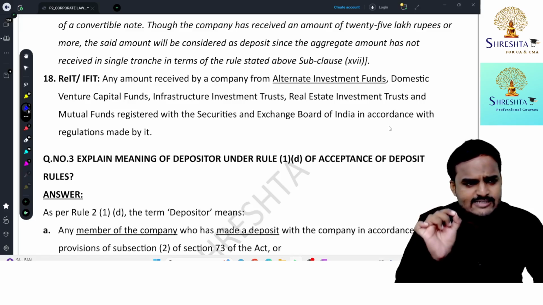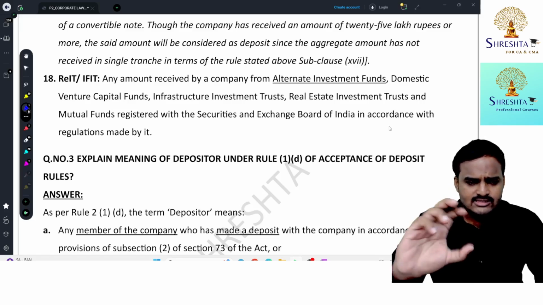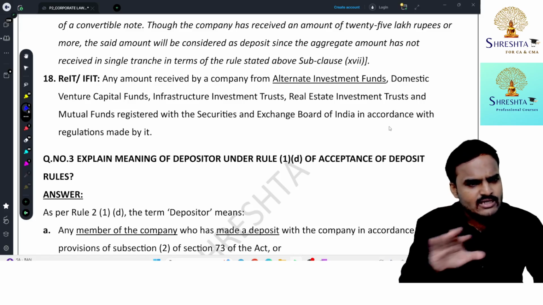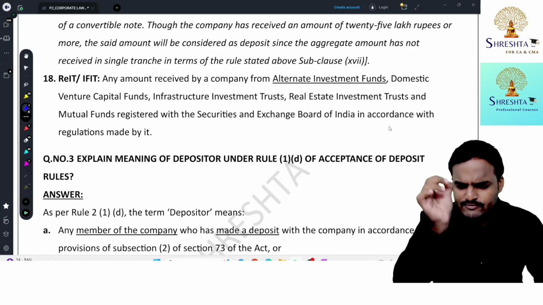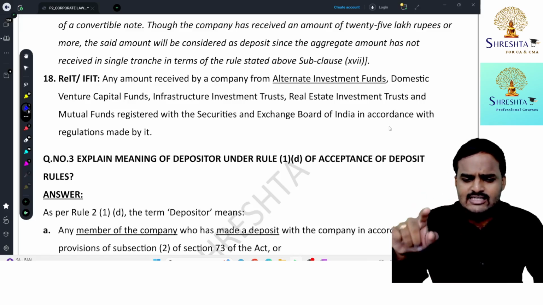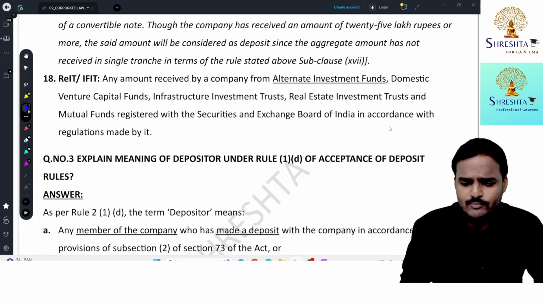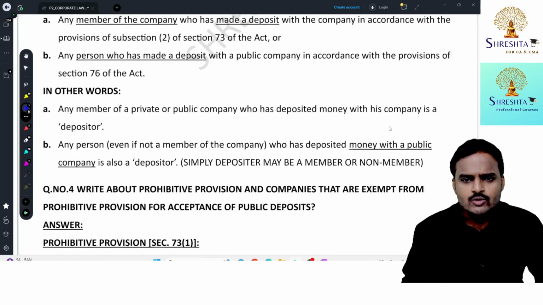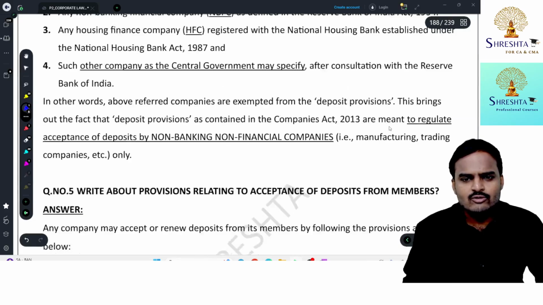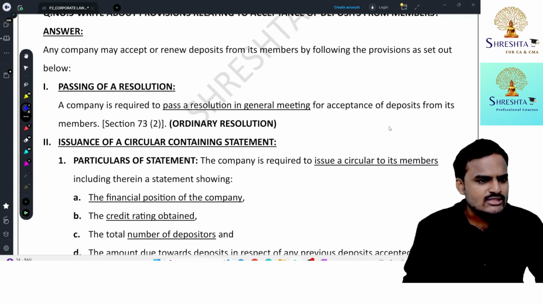Each and every point I explained in detail, ma. That's it, ma. Almost 60% of chapter completed. Remaining all very, very simple norms, very, very simple conditions, very, very simple provisions. Already I discussed with you general conditions for acceptance of deposits. Yes or no? So those points, I'm going to explain you in question number 5, question number 6, question number 7.